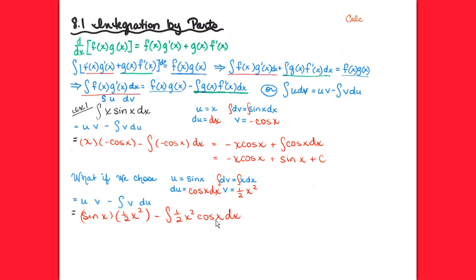When we started this problem, example number 1, we had x to the first times a trig function. Now I have x to the second times the trig function. I didn't make this better. I made this worse. So that's how I can determine what I want to choose for u and what I want to choose for dv out of my integrand.